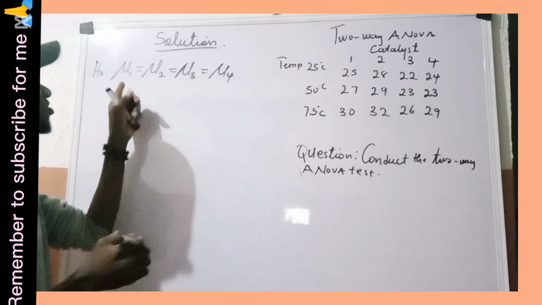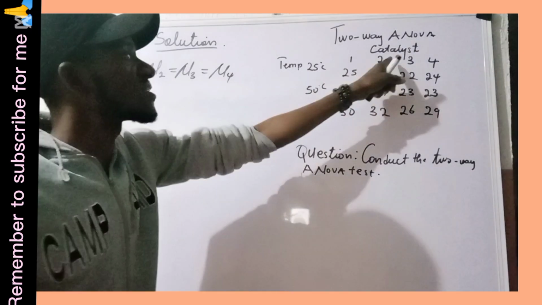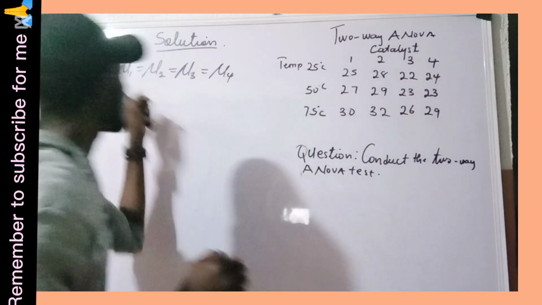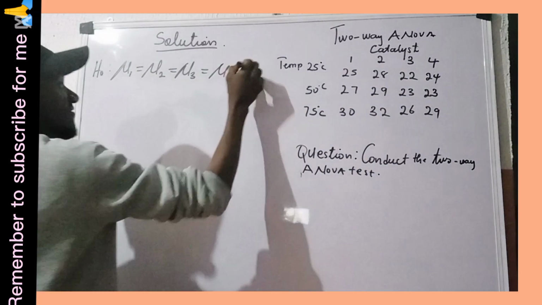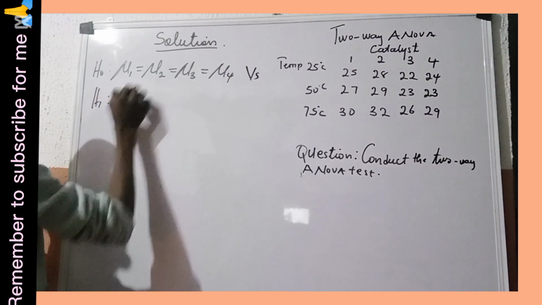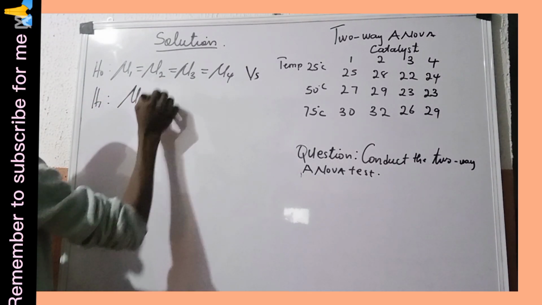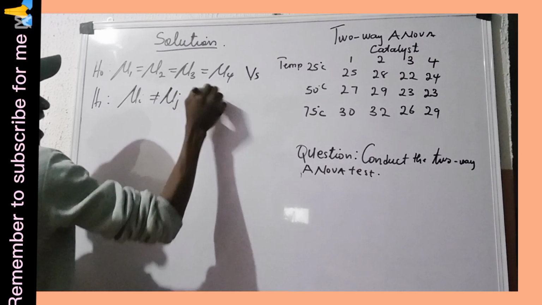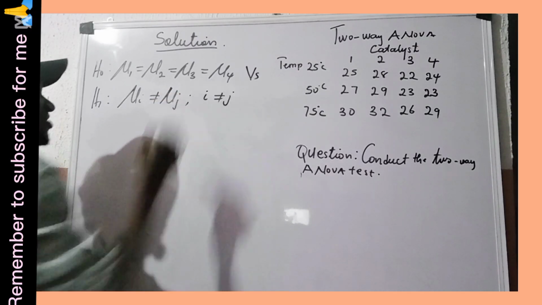The population means of the observations under these levels of catalyst, all of them are going to be the same. Versus H1: mu_i is not equal to mu_j, such that i is not equal to j.